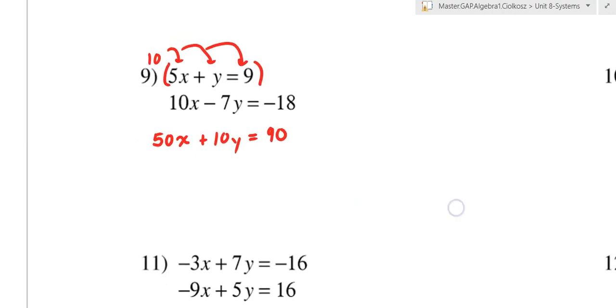But here, since I have both positives, I'm going to multiply by what's out front of the x, but throw a negative in there so I can cancel and distribute to everything. So this gives me negative 50x plus 35y is equal to 90.